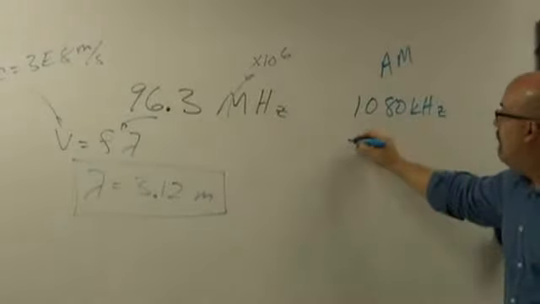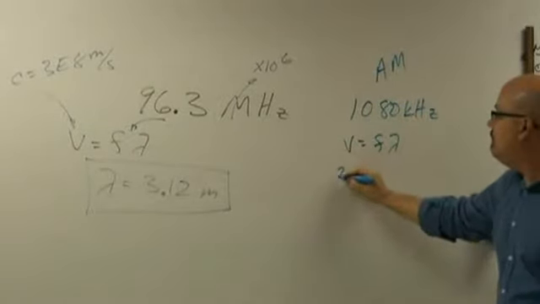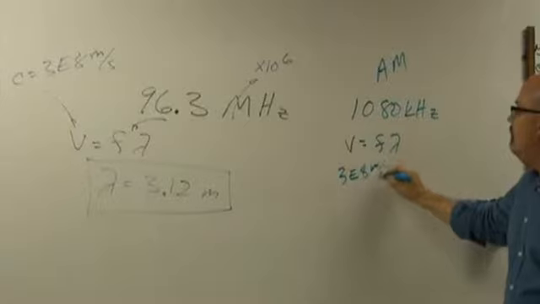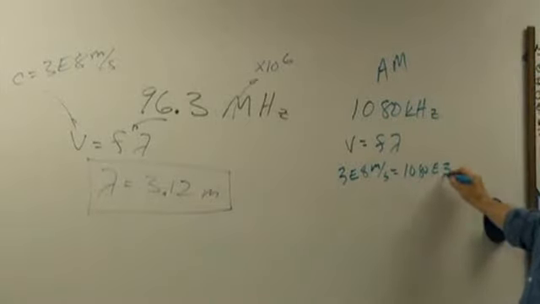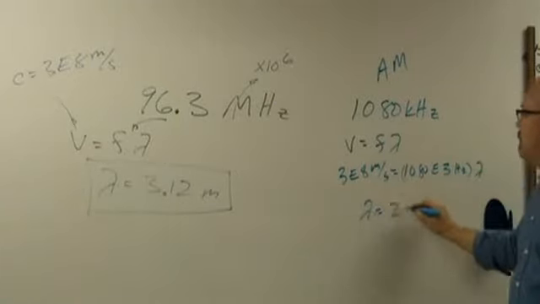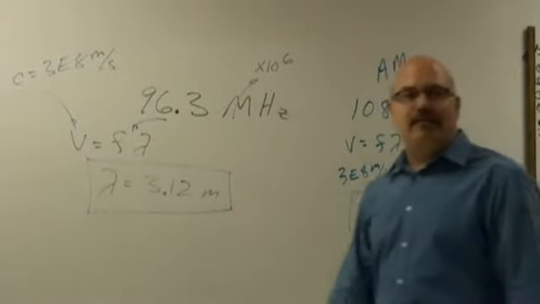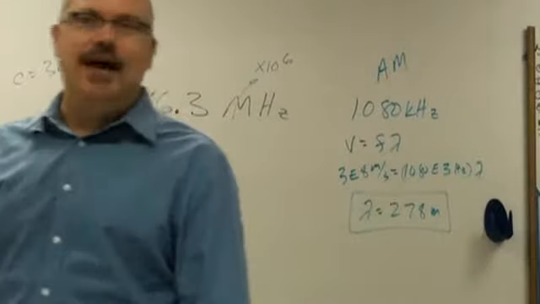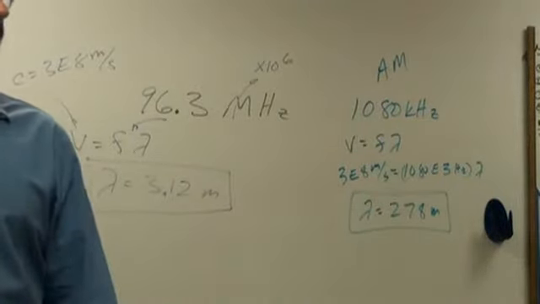V equals frequency times wavelength, so 3e8 meters per second equals the wavelength times 1080e3 hertz. That's 278 meters, so it's the length of a football field. Actually, almost three football fields.